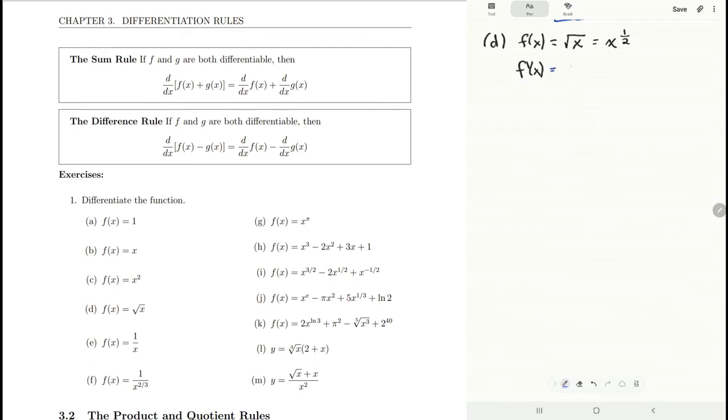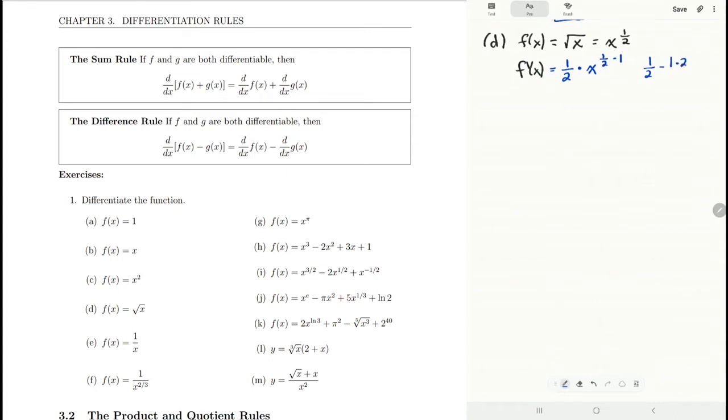So the power rule says that we multiply the exponent in front. So we have 1/2 times x, and then we subtract 1 from the exponent. So we have x to the power of 1/2 minus 1. And 1/2 minus 1, well, we can make a common denominator of 2.